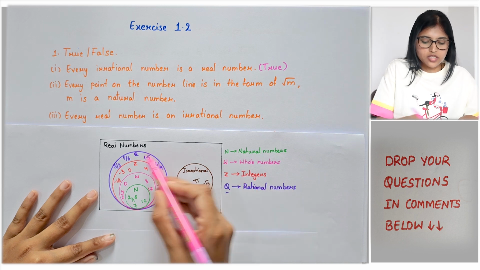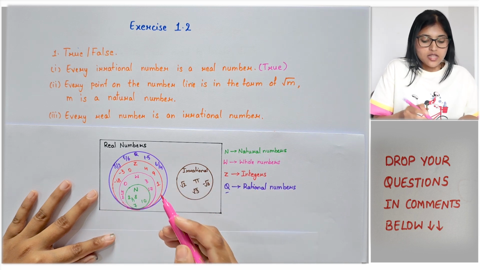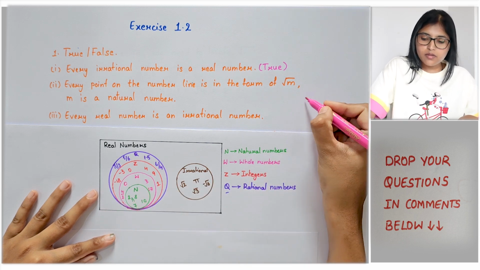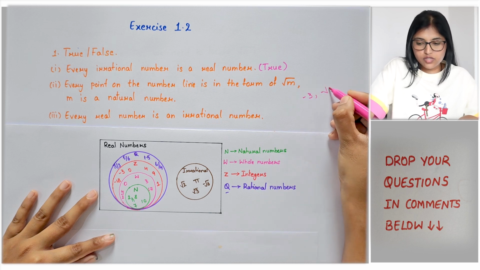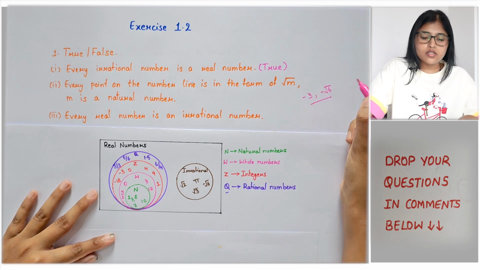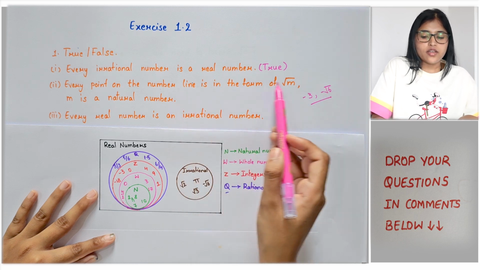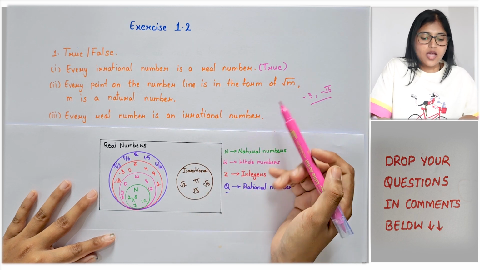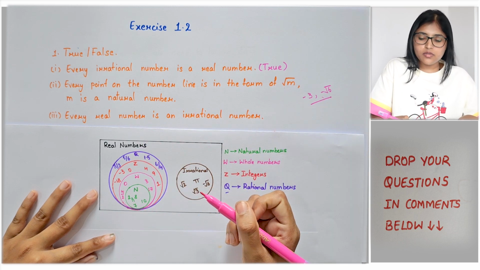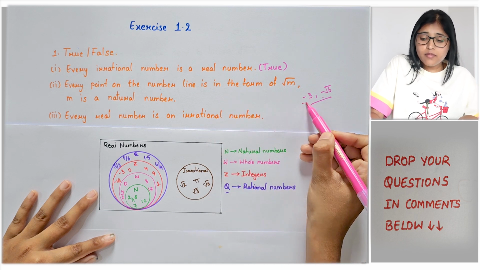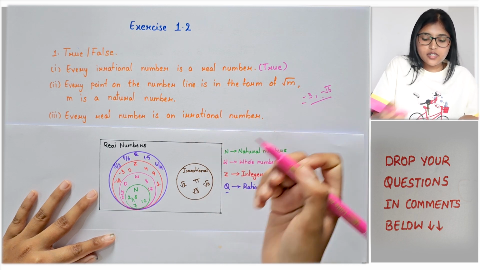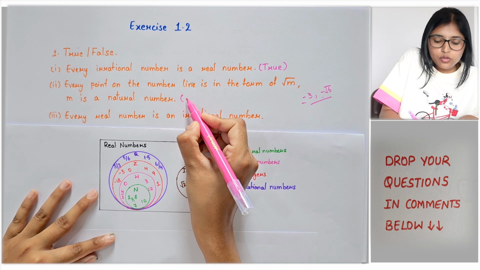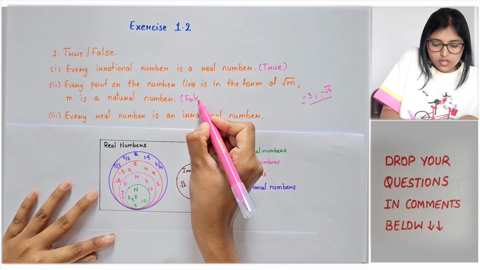From this diagram we can see that on the number line we can also have numbers such as -3 or minus root 6. Now these numbers are not in the form of under root m, and m is not a natural number. For example, -3 is not a natural number, because it's an integer. So this one would be false.